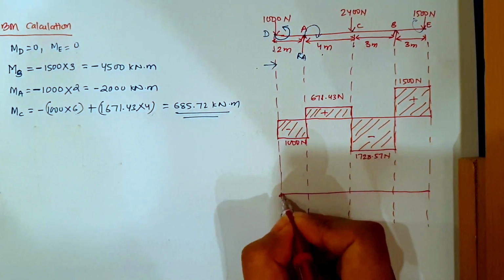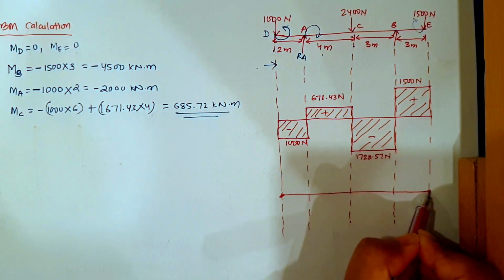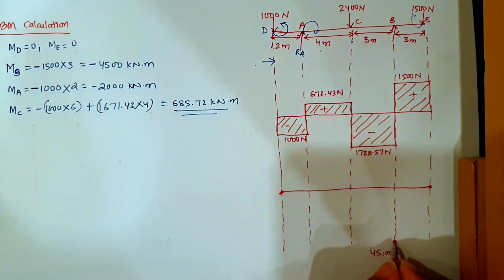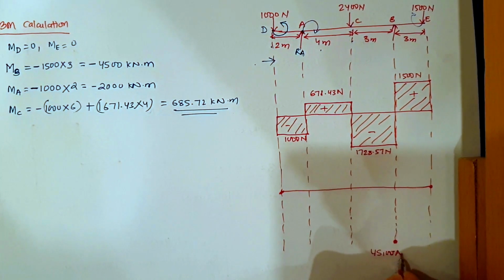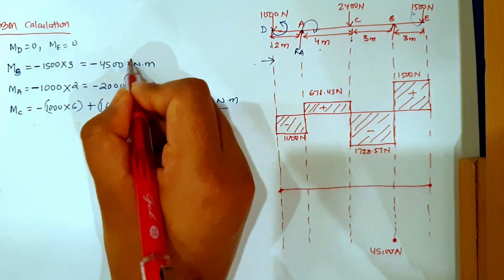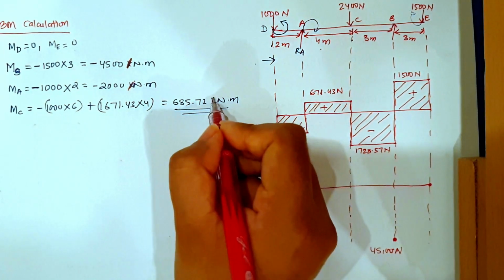Now let us draw the diagram. At point D and at E it will be 0, and the moment at B is coming minus 4500 Newton. It's not kilonewton, I'm sorry, here it's all Newton meter.